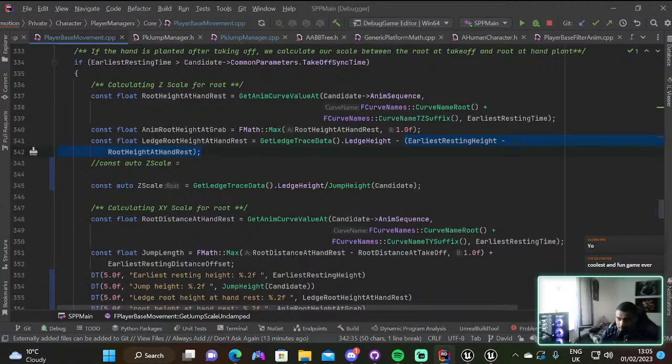And then I scale where my root is in my animation to where my root needs to be to perfectly reach that point, right? That's the way I do it here. But can you print those two Z scales? One calculated with yours and one with mine, and see what that difference is?